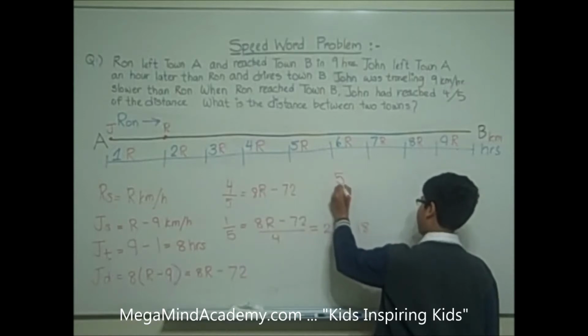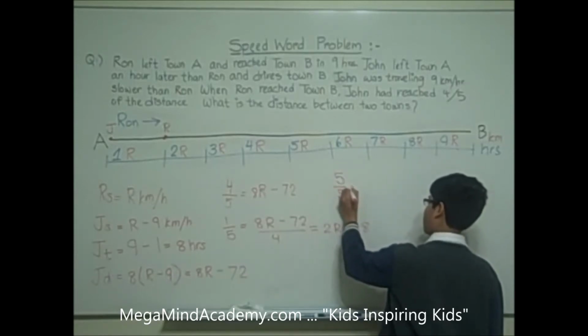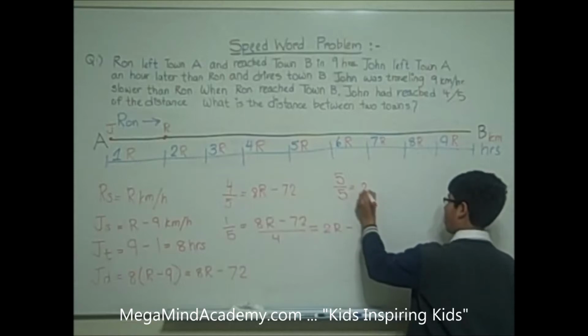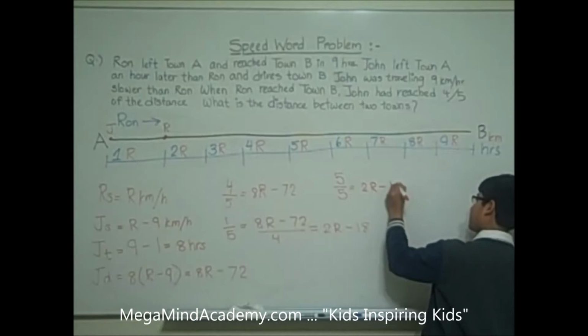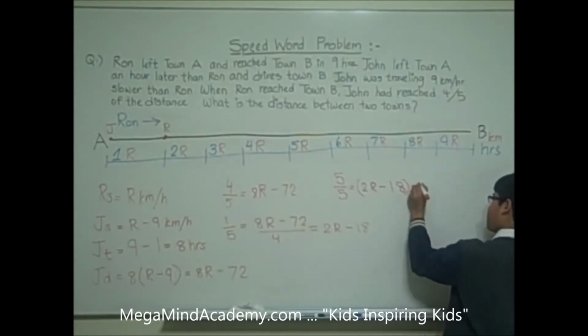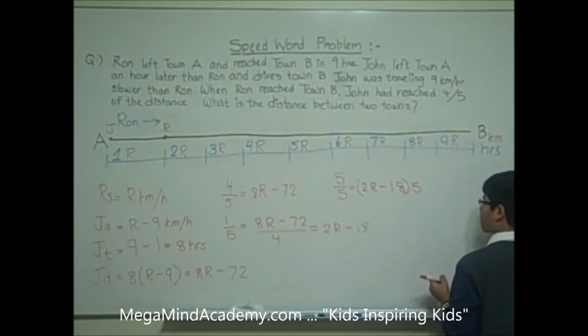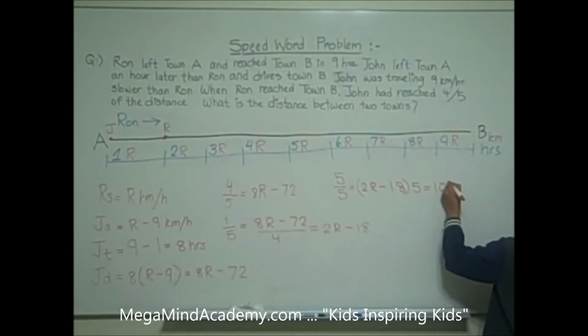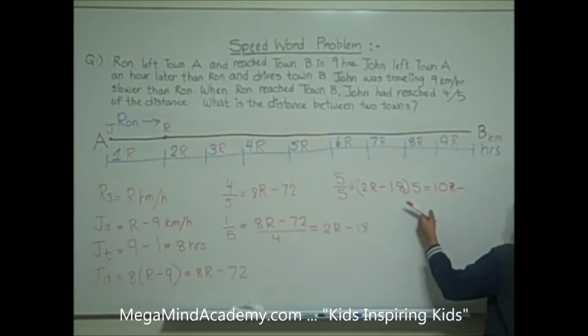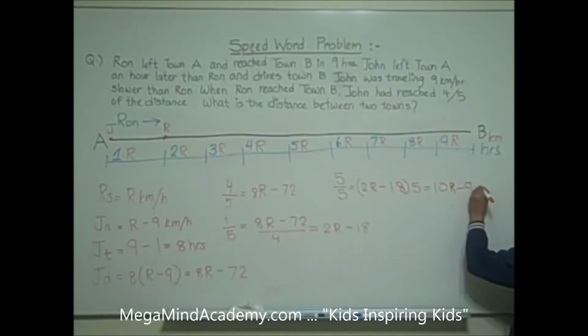So 5/5 of the journey is equal to 2R minus 18 times 5, which is equal to 2R times 5 is 10R, minus 5 times 18 is 90.